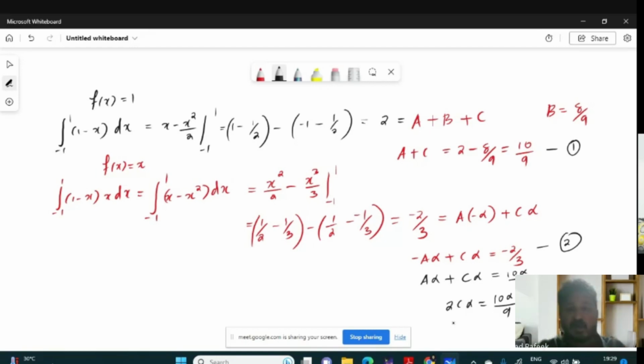Then C equal to, divide with 2 alpha, 10 alpha by 2 alpha, 10 by 18. Alpha alpha got cancelled, 10 by 18 minus, 2 cancel, 1 by 3 alpha.